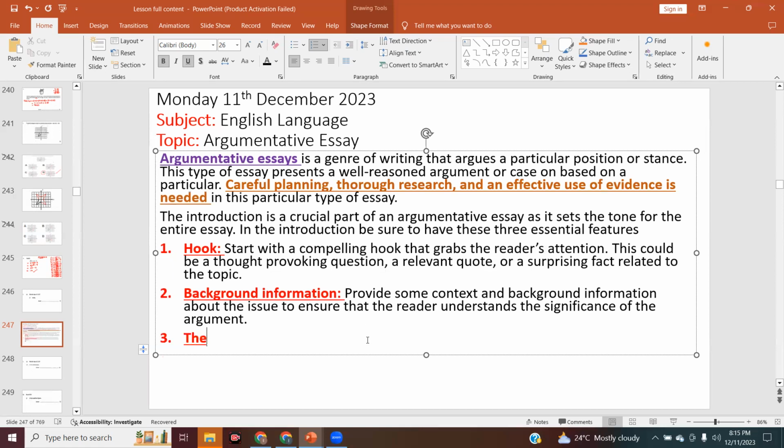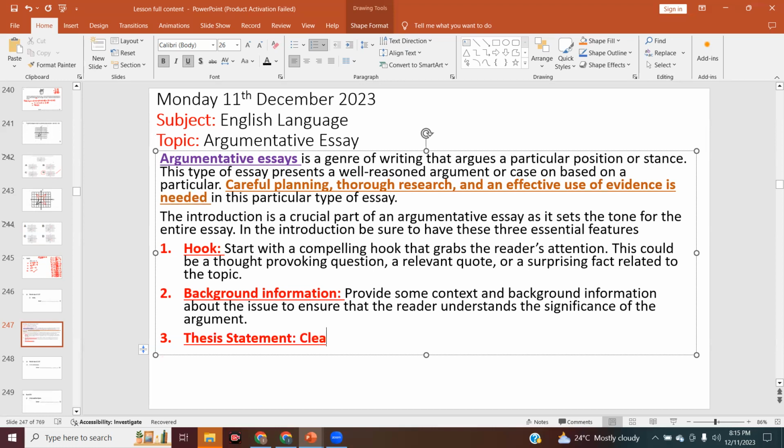And then the thesis statement. The thesis statement is the most important part of the introduction. It is in the thesis statement where you will state your position. So you want to state what you believe, what is your position on the discussion at hand.